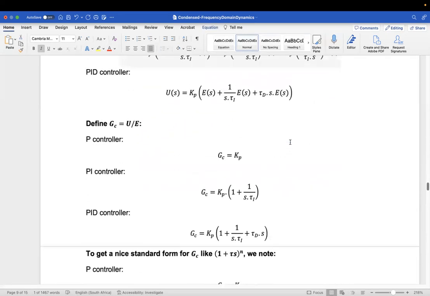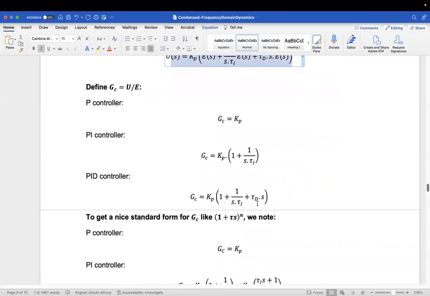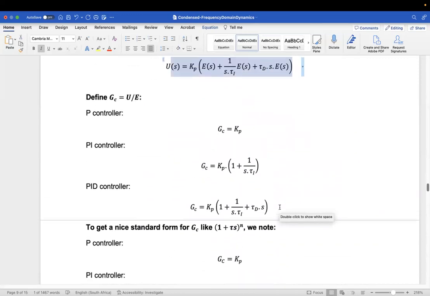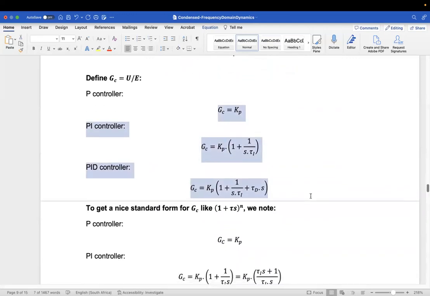So we had said that for a derivative, we get s times E. And so for the PID controller, we just have this additional form here. And again, we can seek a standard form for this. And in fact, it is done here, right? So these just summarize the same things that we've said now.